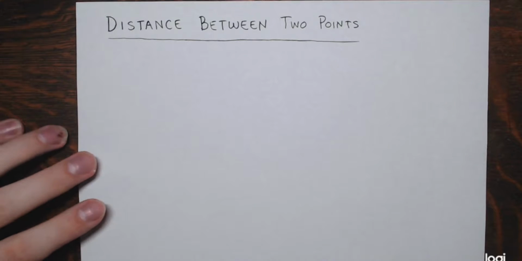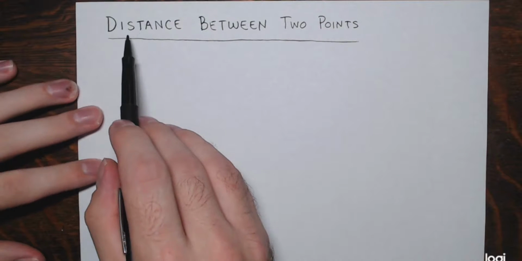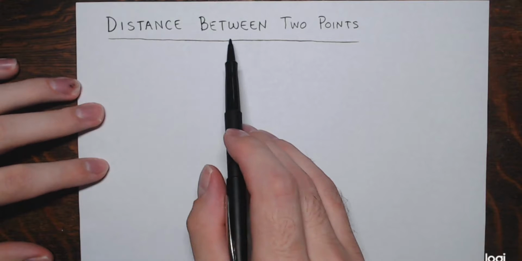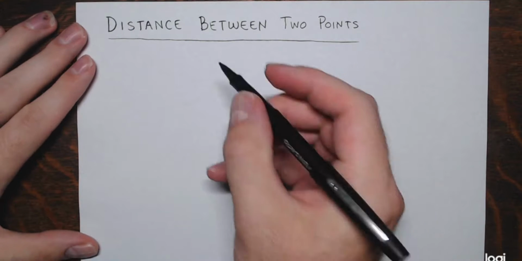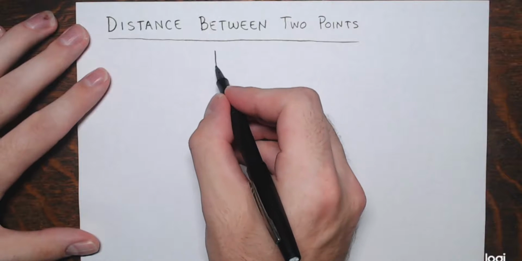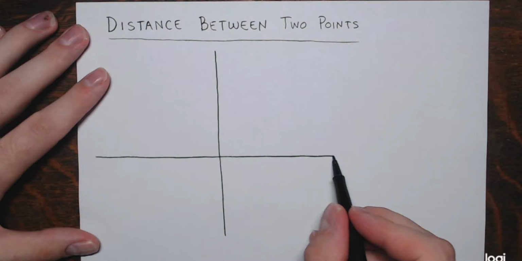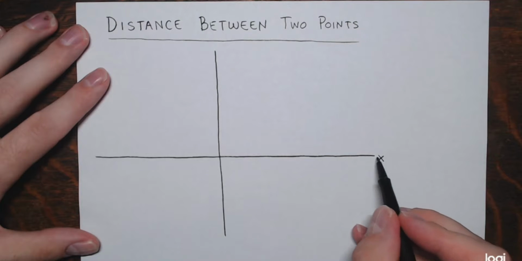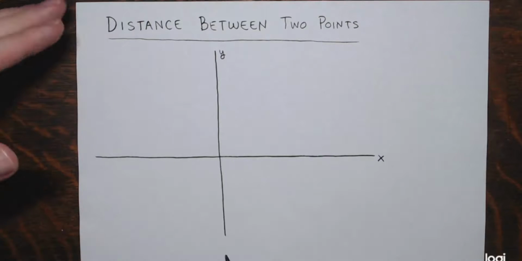So before I get into the actual points in the question that we were given, I want to talk about how you find the distance between 2 points on the XY coordinate plane. Alright, so this is a hand drawing I'm doing, so it's not going to look perfect. But you have the x-axis, the horizontal axis, the y-axis being the vertical axis.